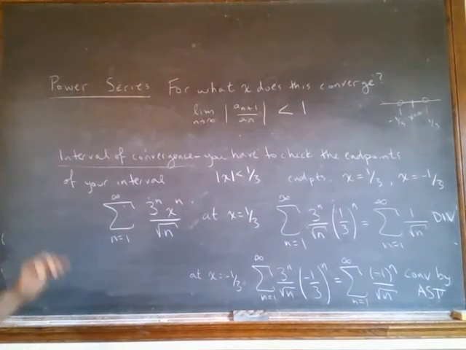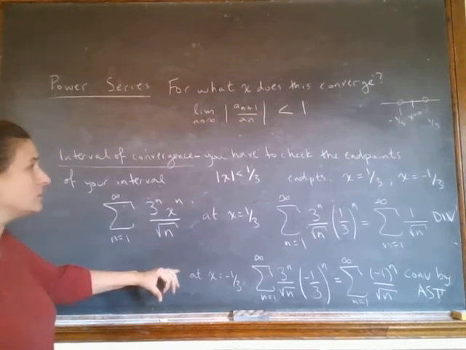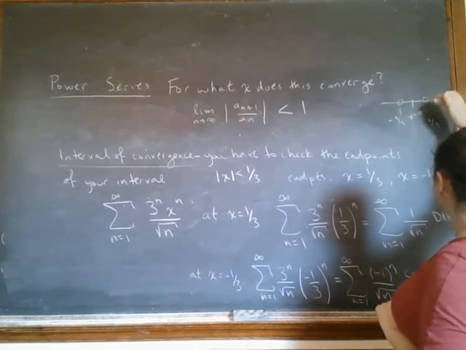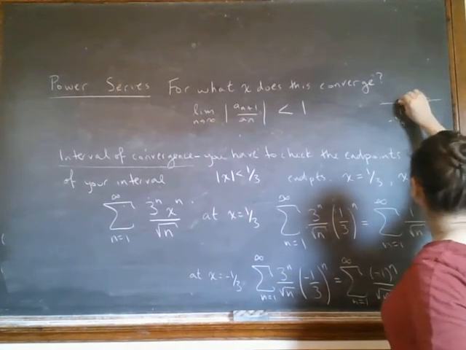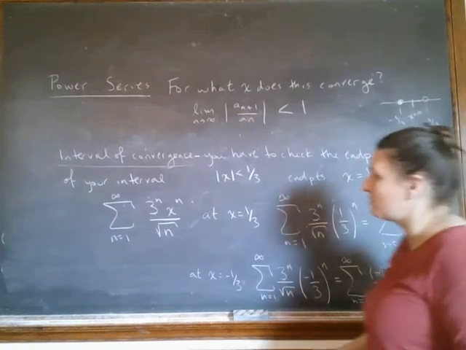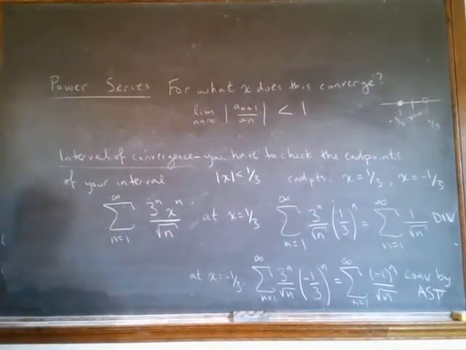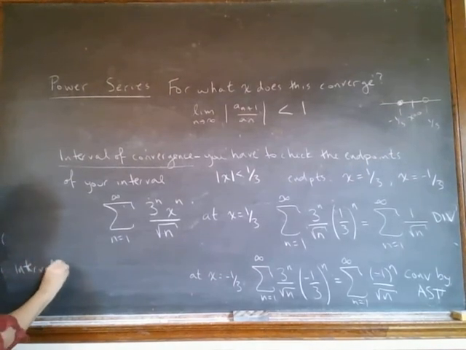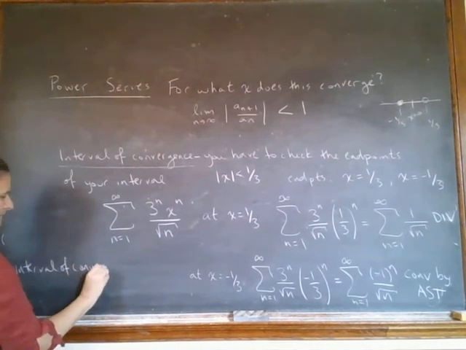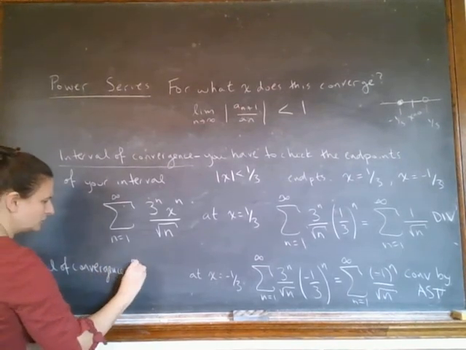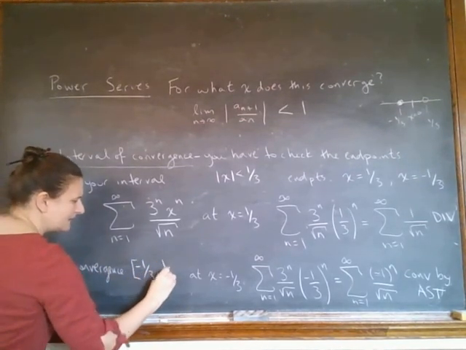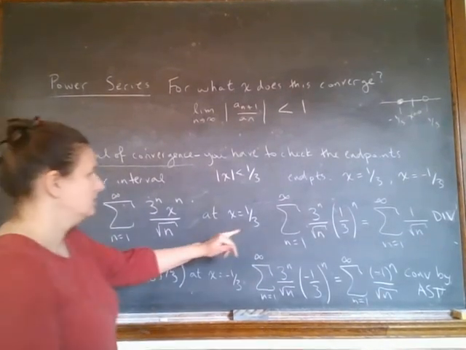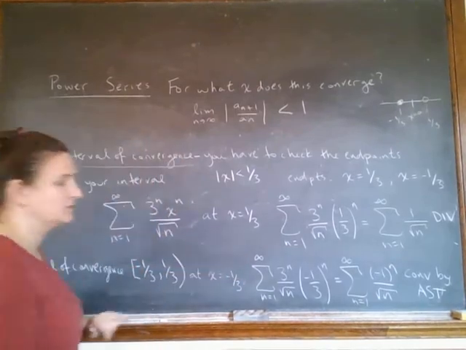So when I look at my interval of convergence in my picture, it's an open circle at 1/3, but a closed circle at negative 1/3. Or in interval notation, I have to include the negative 1/3 and exclude the 1/3, because it diverges at one endpoint and converges at the other.